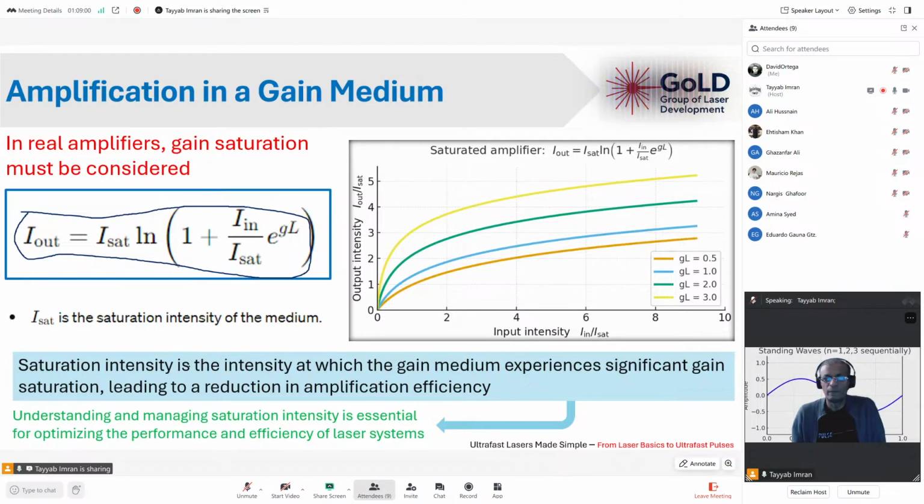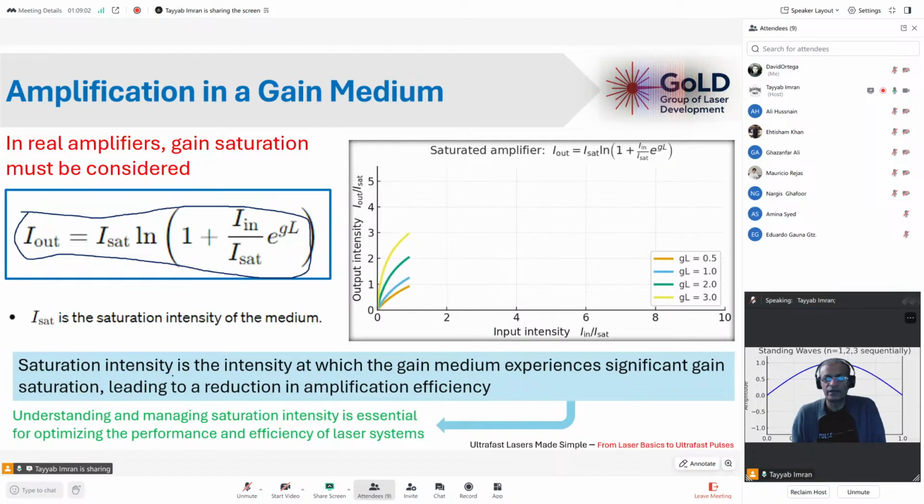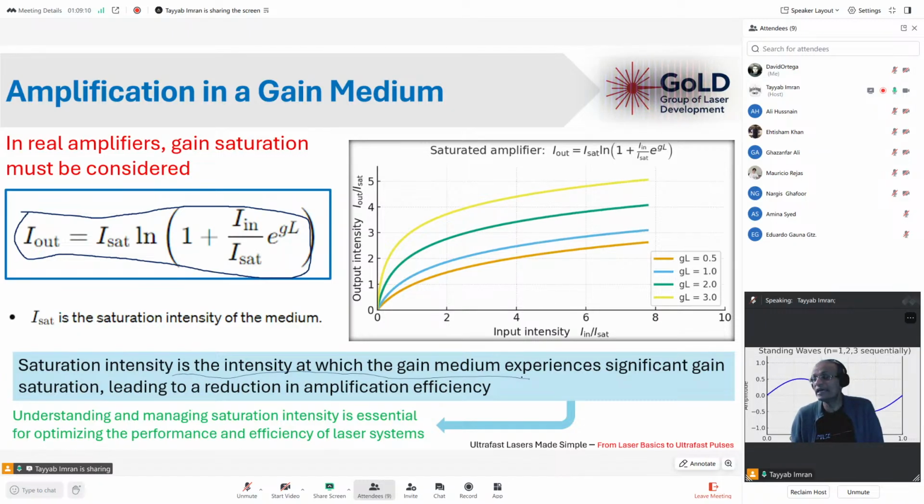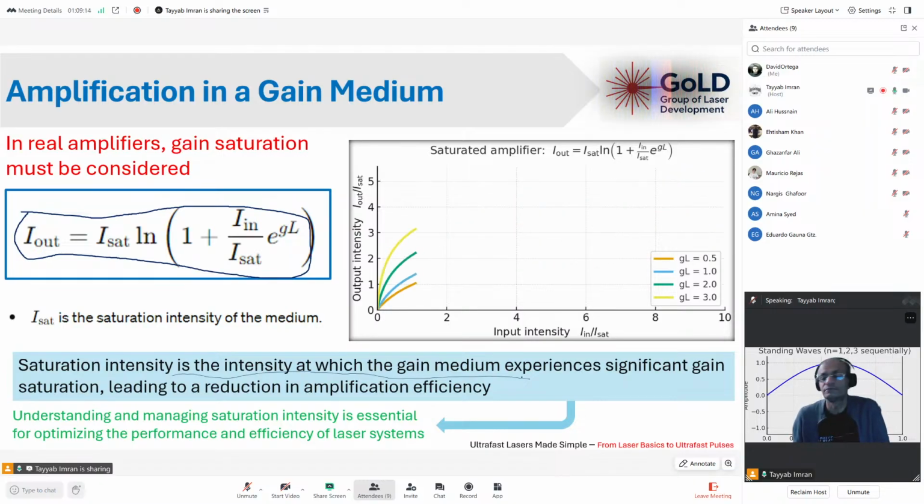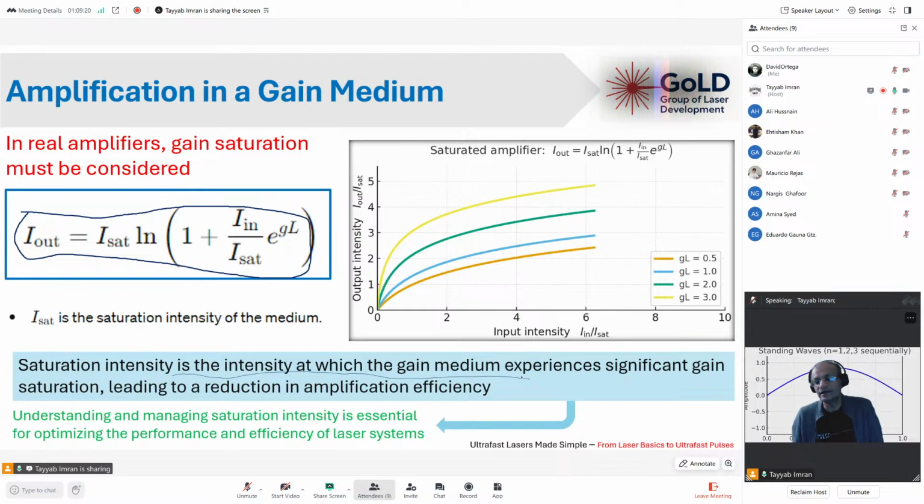You can read here that saturation intensity is an intensity at which the gain medium experiences significant gain saturation. Gain saturation means it's saturated. And at that point, the efficiency definitely is reduced. It cannot amplify efficiently.